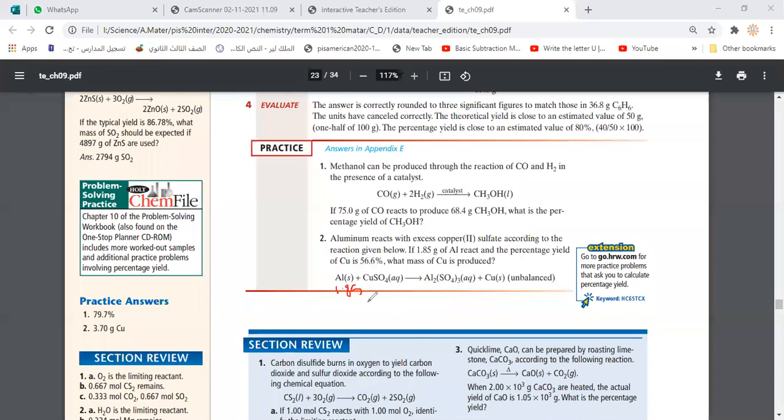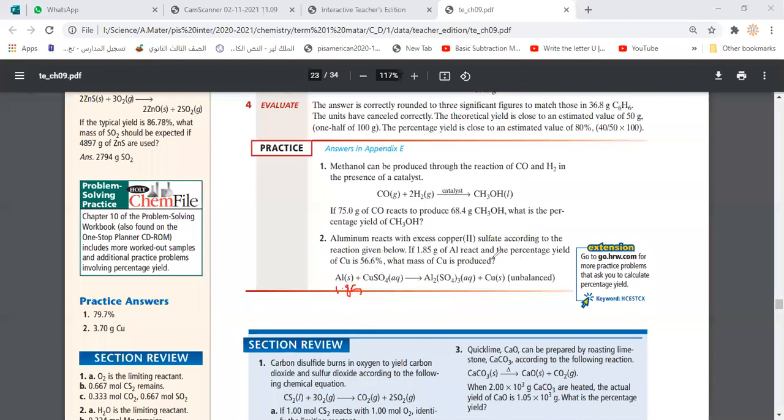Okay, again from the beginning, he said that aluminum reacts with excess copper 2 sulfate. Excess copper 2 sulfate means this will not be used in the calculations because it's already in excess. We have a lot, so that is not the limiting factor.